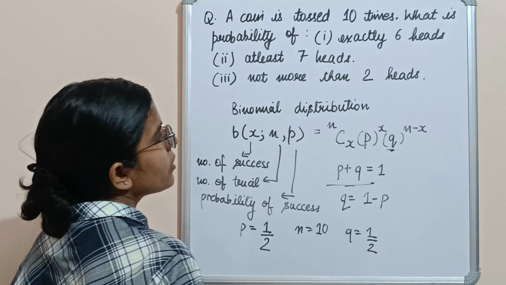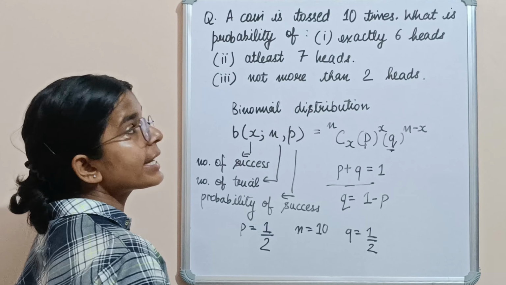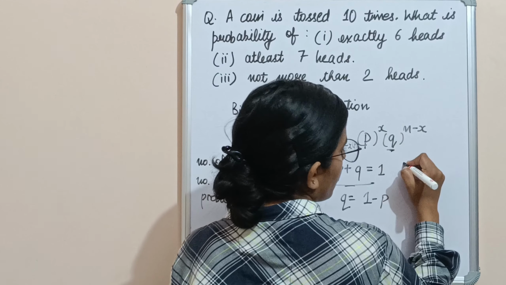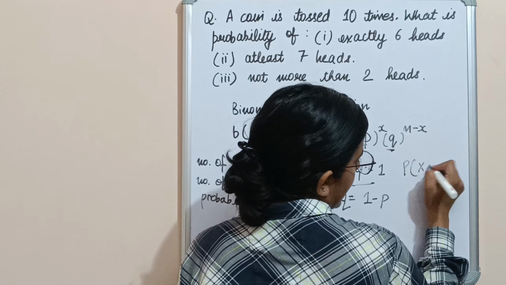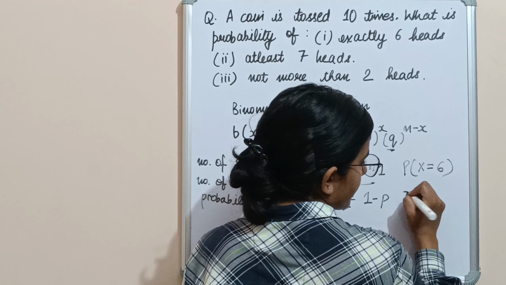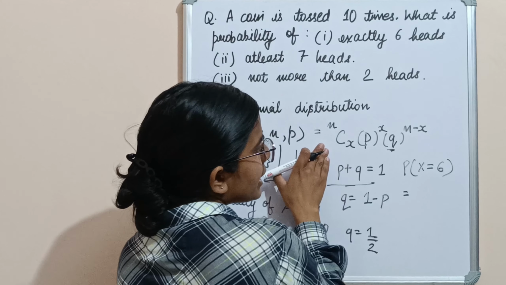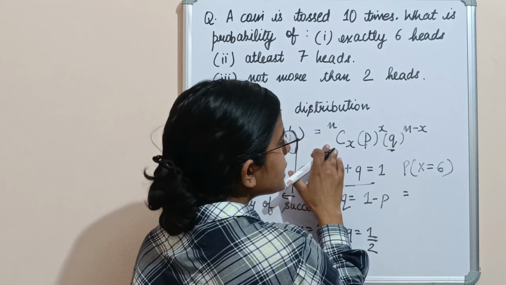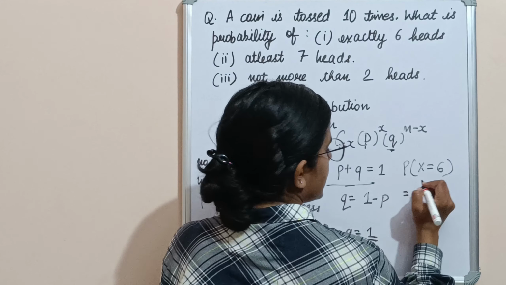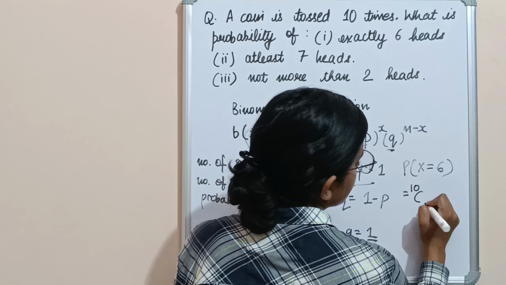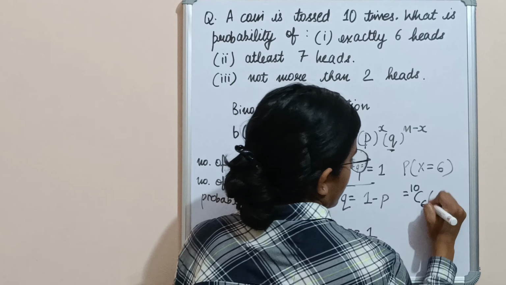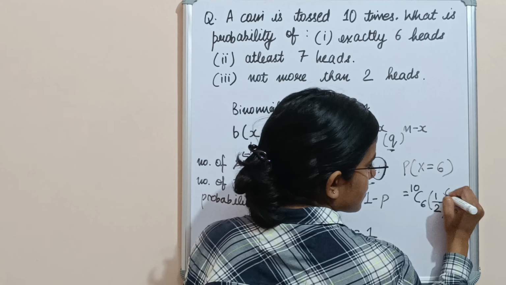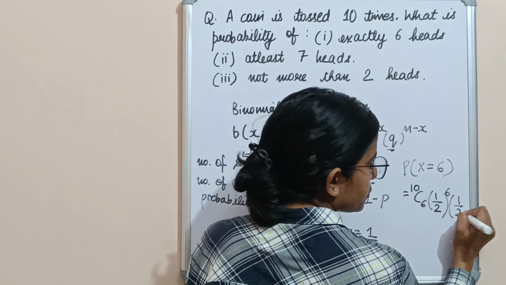Now we have to find out probability of getting exactly 6 heads. So this will be probability of x equals 6. Putting value of x, n, p and q in this formula, we will get 10C6 (1/2) raised to power 6 (1/2) raised to power 4.